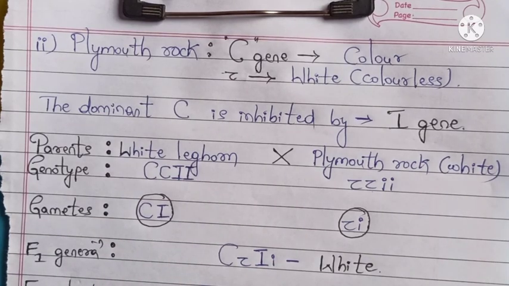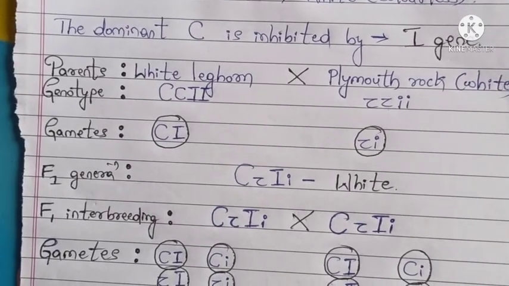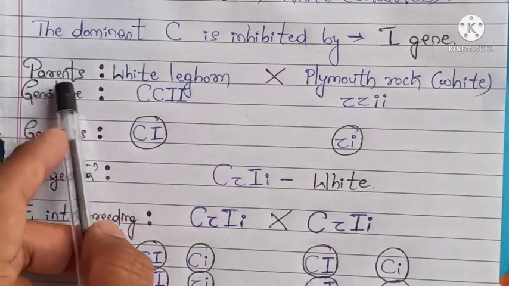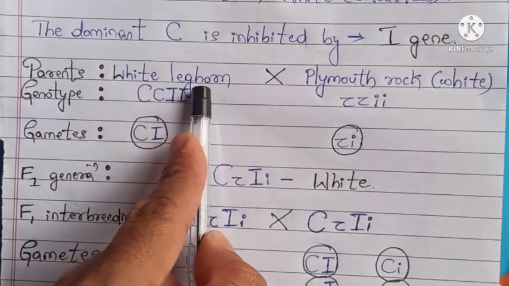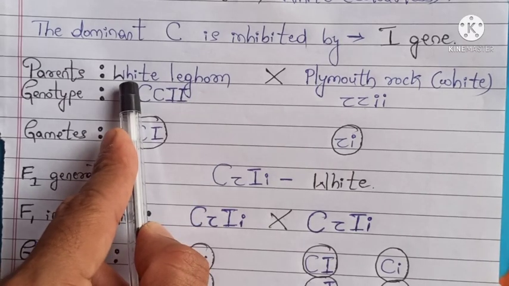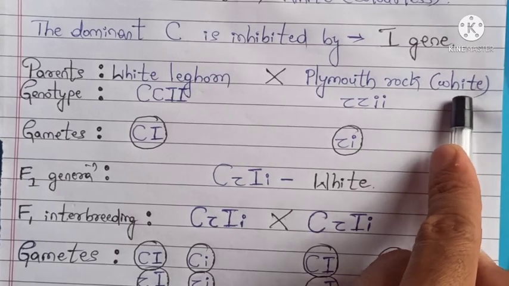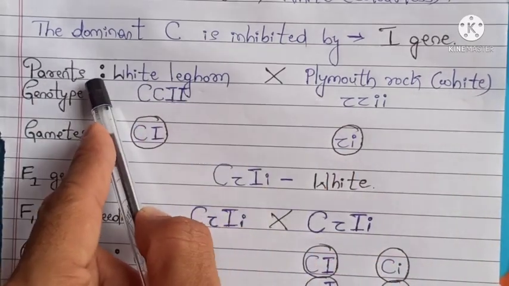Now let us study this by taking the genotypes of the F1 and F2 generations. Here I am taking a white Leghorn, the Leghorn bird which is white in color, as one parent, and Plymouth Rock, which is also white in color, as the other parent.